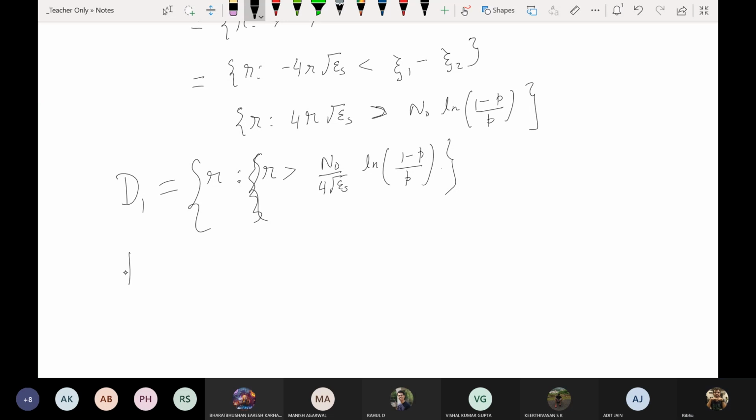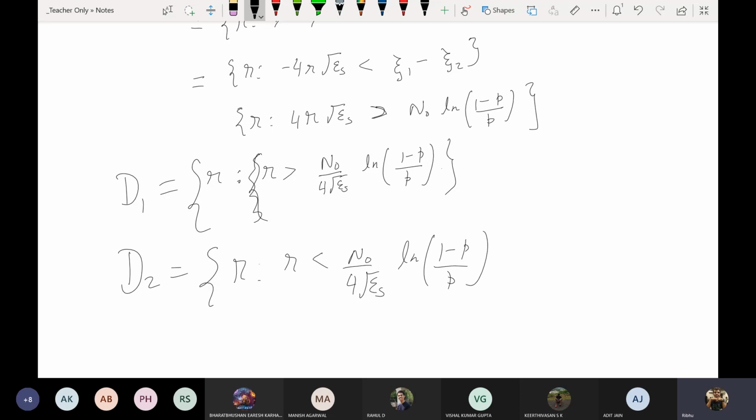D1, D2 automatically becomes the complementary region.